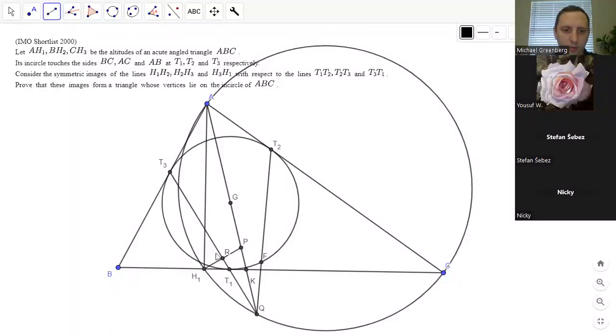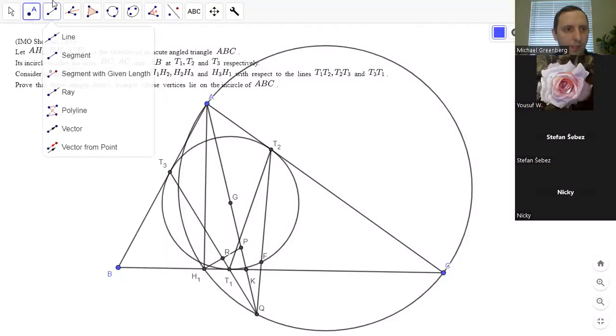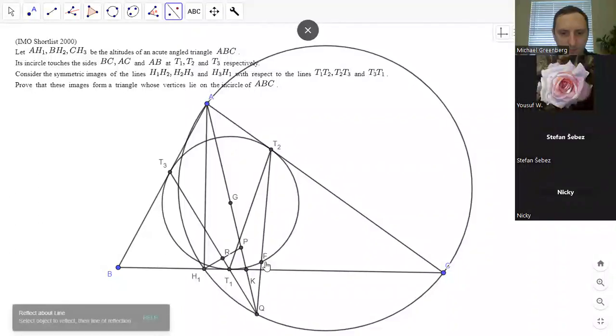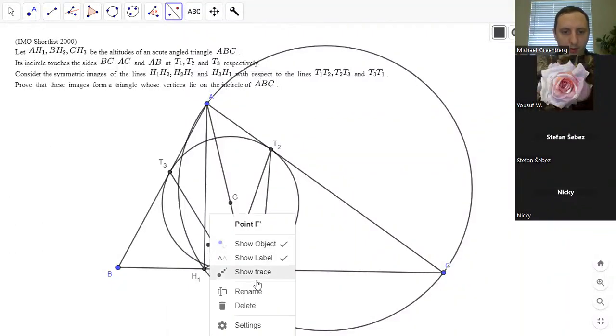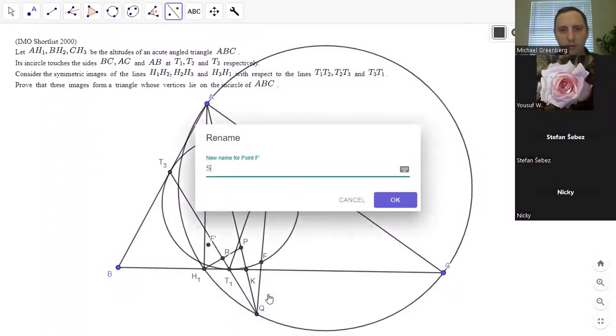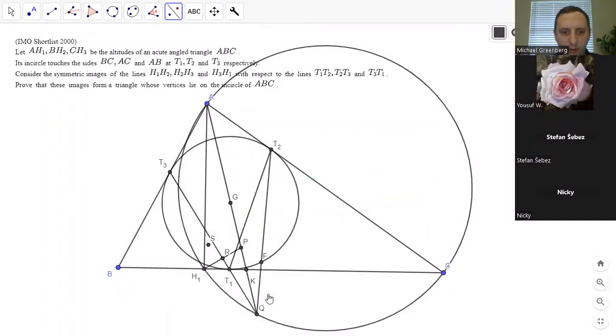Reflect F. Call that S. S lies on H1, H2.